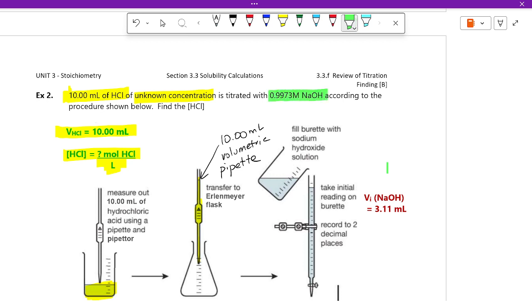Okay, so in here we have our sodium hydroxide solution, and we fill the burette, and we find our initial volume. Initial volume, and that is 3.11 milliliters. Okay, we're not measuring it right now. That's 3.11 milliliters.